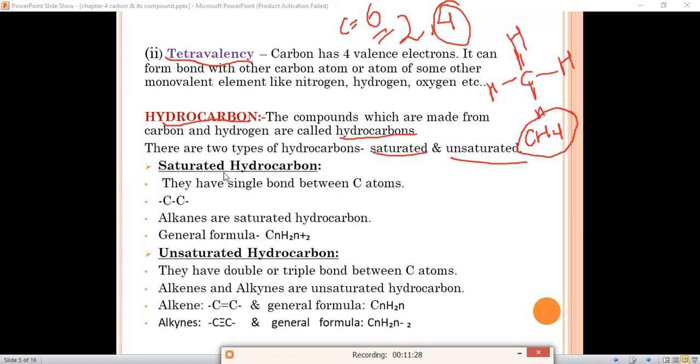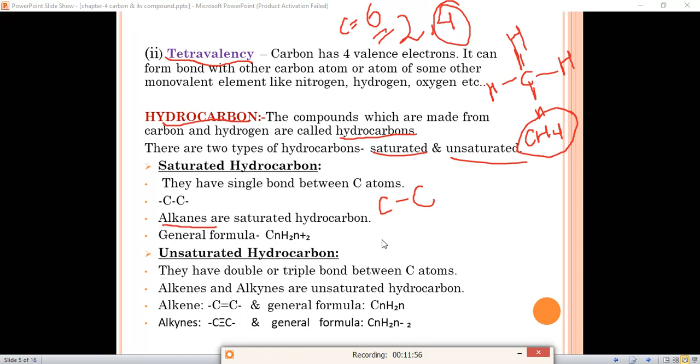Saturated hydrocarbons have single bonds between carbon-carbon atoms. So what are saturated hydrocarbons? Saturated hydrocarbons are those hydrocarbons which have single bonds between carbon-carbon atoms like this. Examples of saturated hydrocarbons are alkanes, like methane, ethane, propane, butane, etc. And what is the general formula of this saturated hydrocarbon?